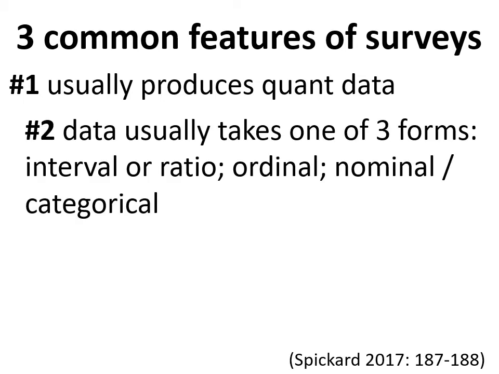These quantitative data from a survey usually take one of 3 forms. So it will tend to be either interval or ratio level data. So for instance, how much money do you earn in a year, or how old are you? It might be ordinal, in which you're asking the survey participant to rank something. So when we get to Likert scales, there's sort of a debate about the pronunciation.